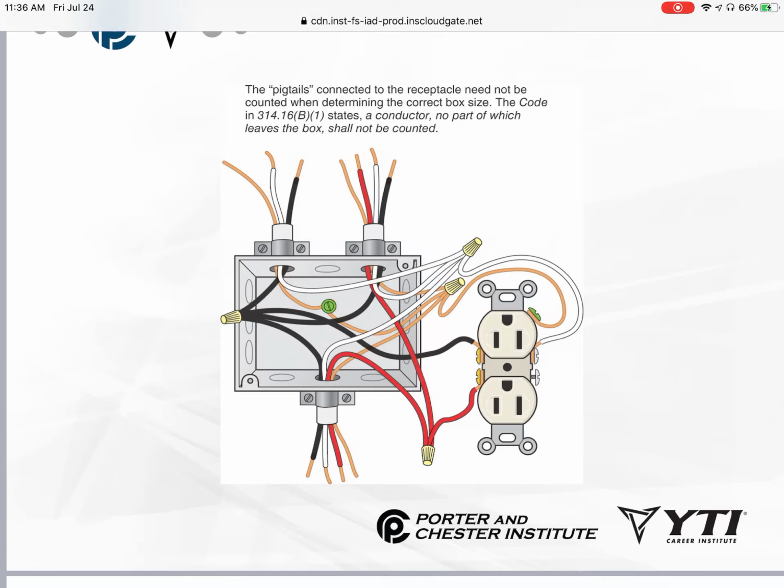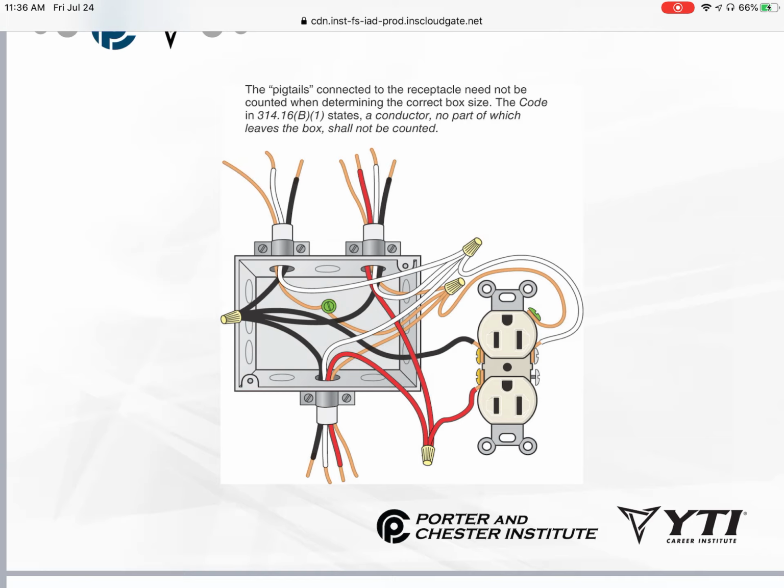Article 310.15(B)(16), there's tables A and B. We go to those tables. Each conductor, whether it's a 14 or a 12 or a 10, has a certain cubic inch allowance. The device itself has an allowance that we have to factor in when we're sizing the box. The box itself has a cubic inch rating that shows how much internal space it has available.